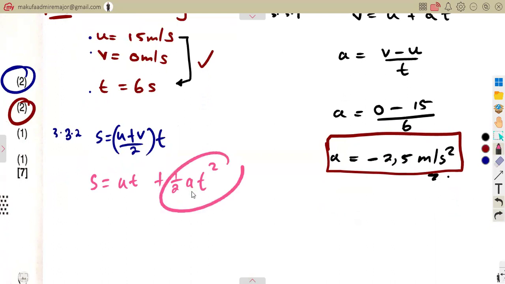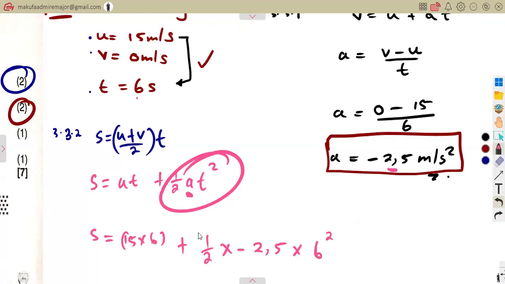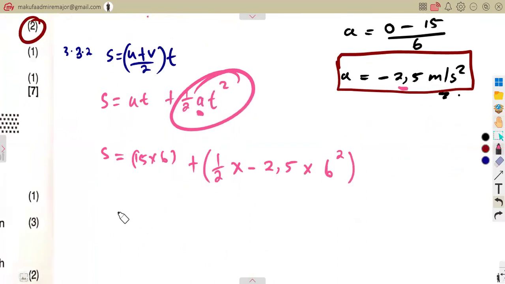I'm going to explain this one because you must be careful as you are substituting your values. That is your U, 15, times the time, which is 6, plus half of the acceleration, that braking acceleration as a negative, times T squared, meaning 6 squared. So you must consider the negative there. That's the braking acceleration that you had.